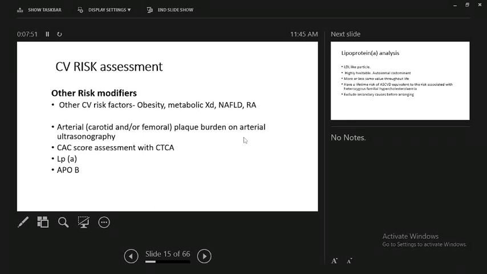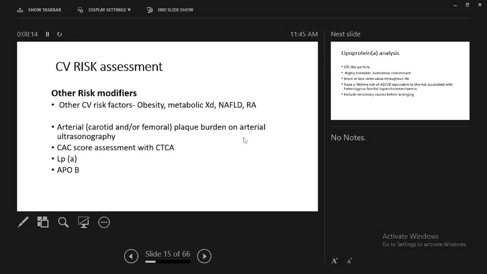There are other risk modifiers as well, though we do not do all these things commonly, but you should know. The other cardiovascular risk factors are obesity, metabolic syndrome, non-alcoholic fatty liver disease, and other inflammatory conditions such as rheumatoid arthritis, even psychiatric disorders.